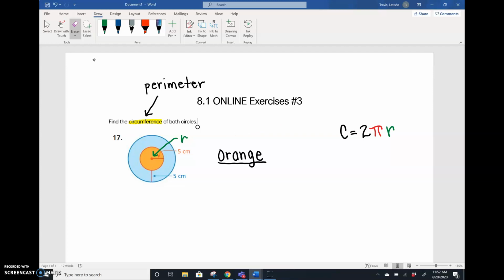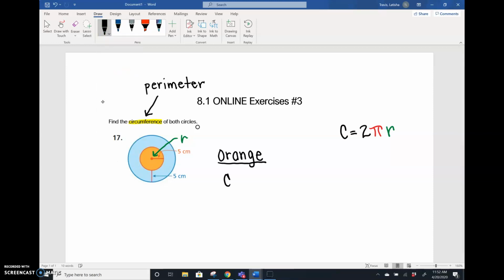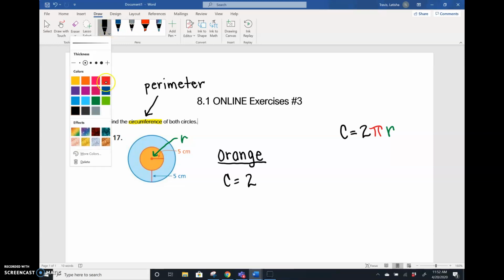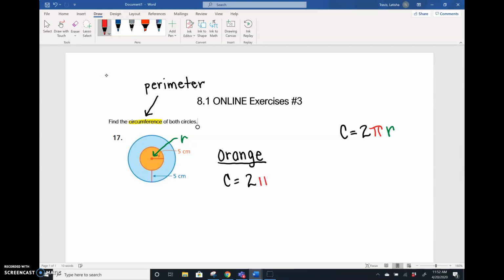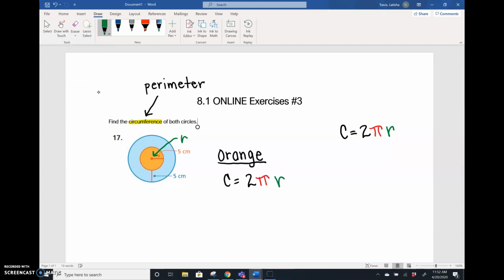So rewriting my formula, C equals 2 times pi times r, radius. I'm going to use substitution, okay?